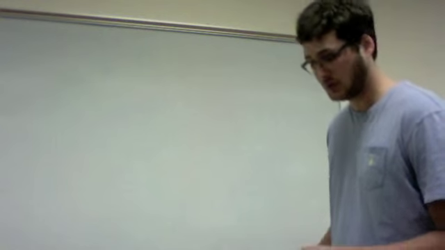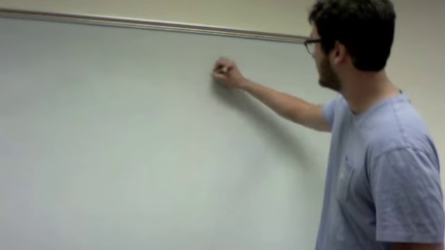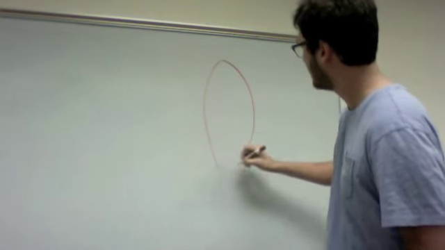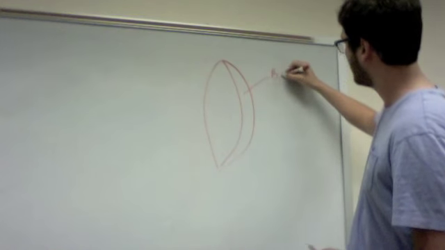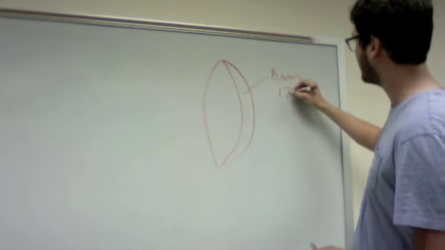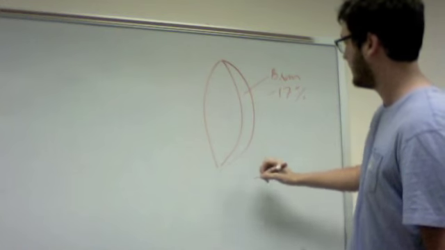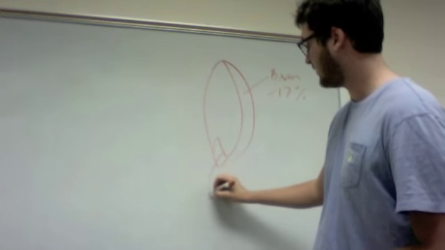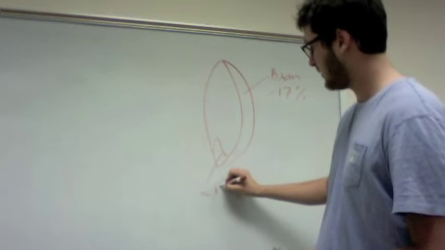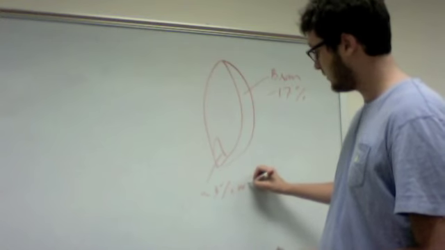Now, all grains may look different, but they are actually made up of the same characteristics, which include, so here you have your grain, and then you have your bran, which constitutes 17% of the weight, and then you have your germ, which is right here, and that constitutes about 3% of the weight of the grain.